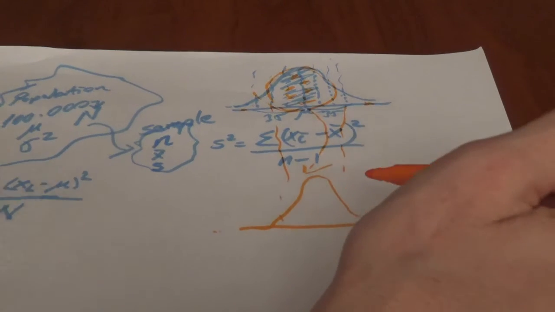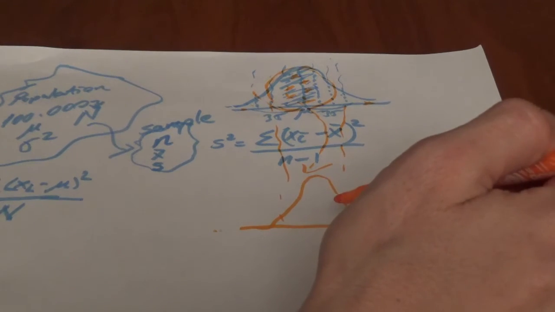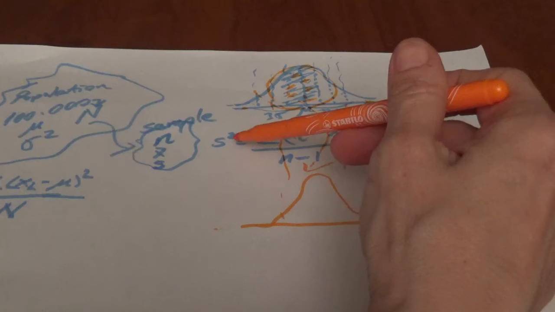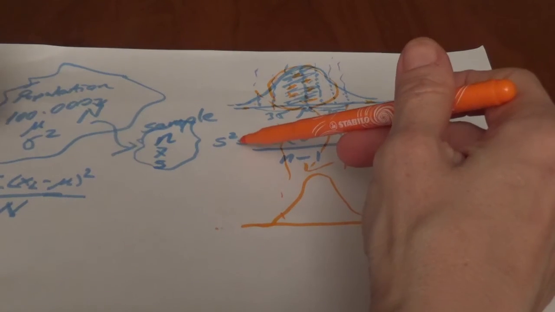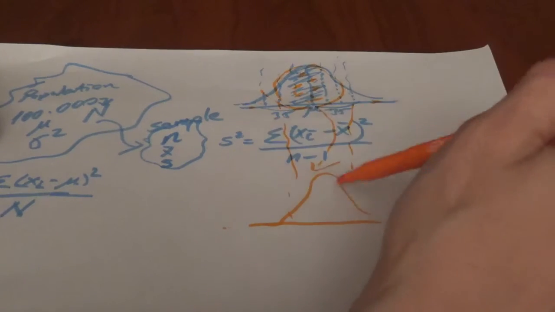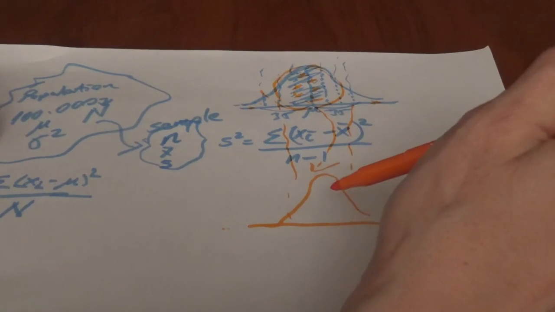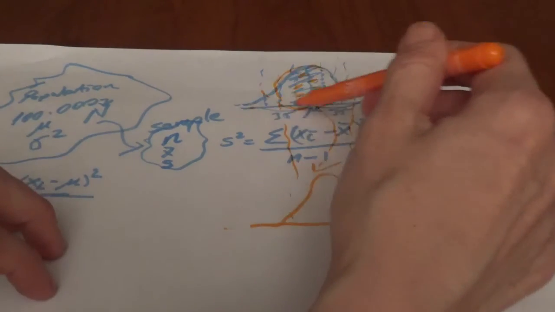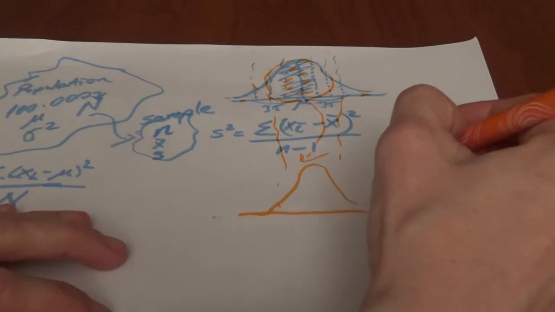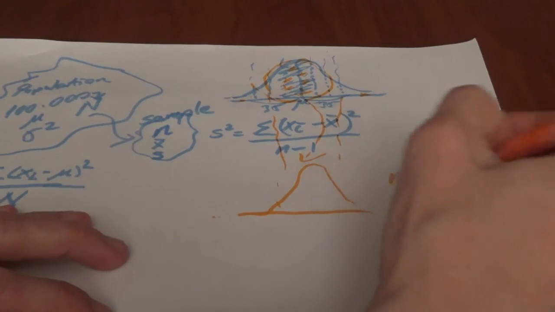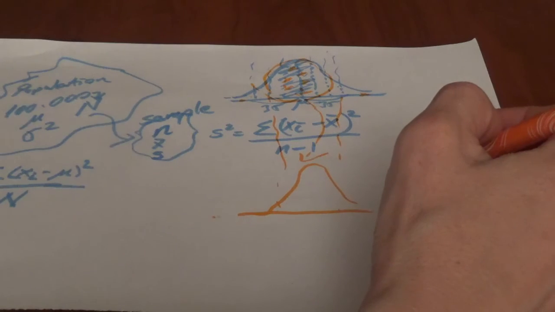So, in order for the sample variance to estimate the population variance, since this value is smaller than the population value, we divide by n minus 1 to correct for sigma squared.